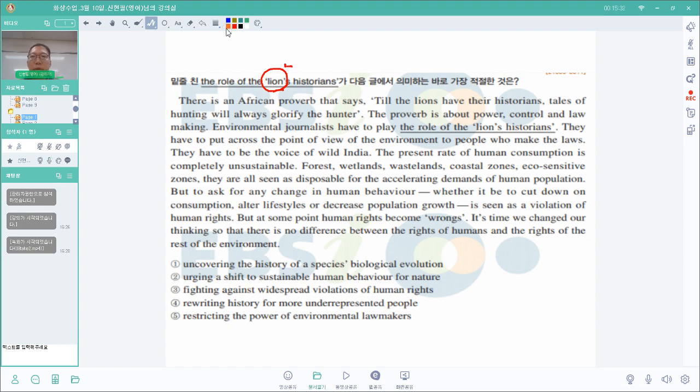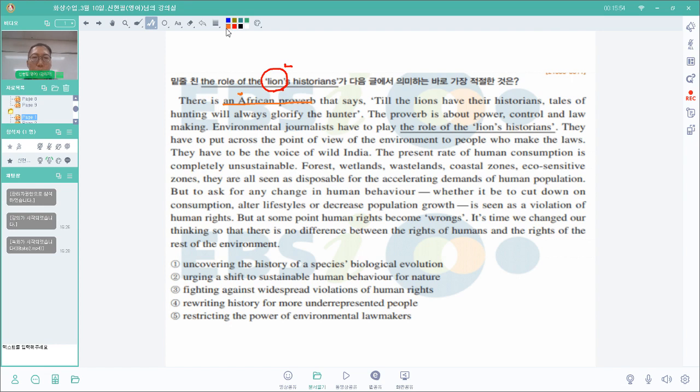Okay, so there is an African proverb saying that until the lions have their historians, tales of hunting will always glorify the hunter. So in Africa, there is a famous old saying, a famous proverb. It says, until the lions have their historians, tales of hunting will always glorify the hunter.